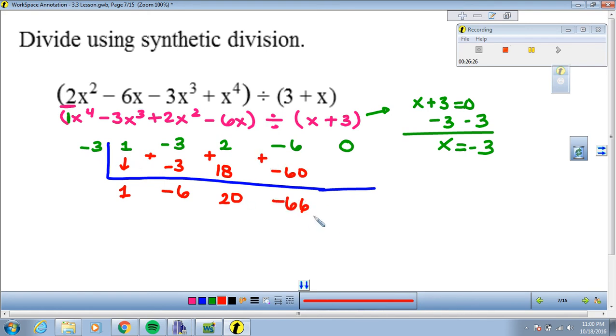Negative 3 times negative 66 is going to be a positive 198. So you add this to 198. So the remainder here, this is my remainder, okay, and this will represent my quotient.